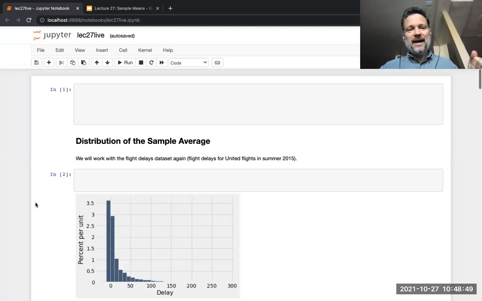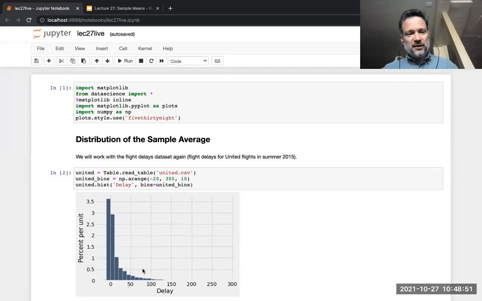So remember, for the United flight delays, the distribution in the population was not normal, but didn't look like anything. It was just some particular shape that's not some special shape that we're used to. And yet the distribution of sample means was bell-shaped.